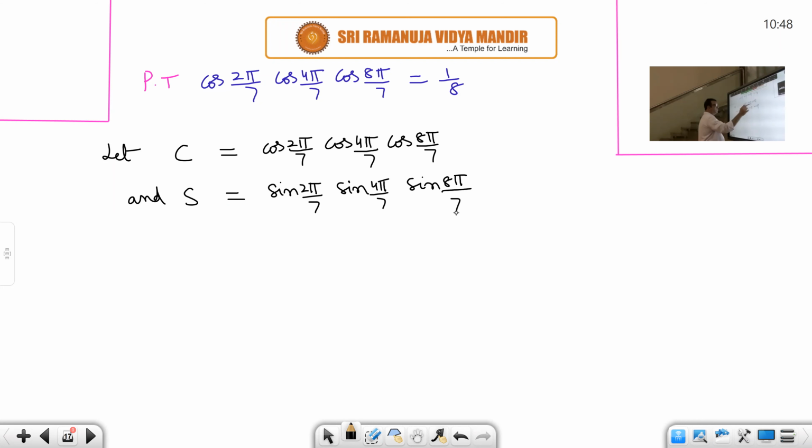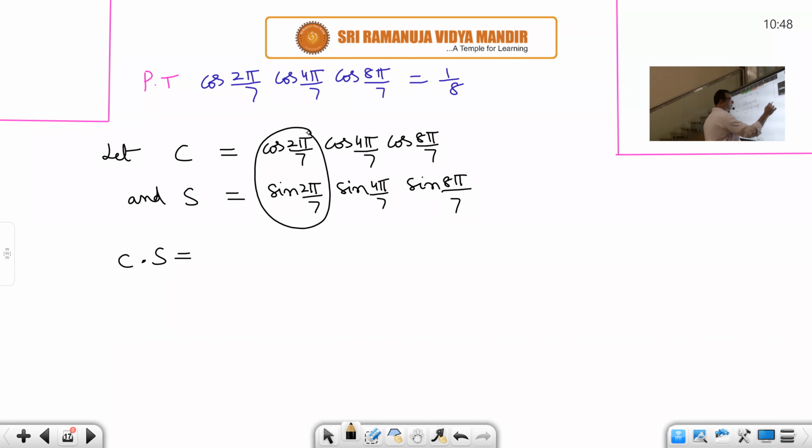See, C means cos, S means sine. Okay, that we are putting as the symbols. Now let us consider C into S. Therefore, C into S is equal to... so that means the 6 factors we have to multiply. Now we'll multiply these 2 factors.